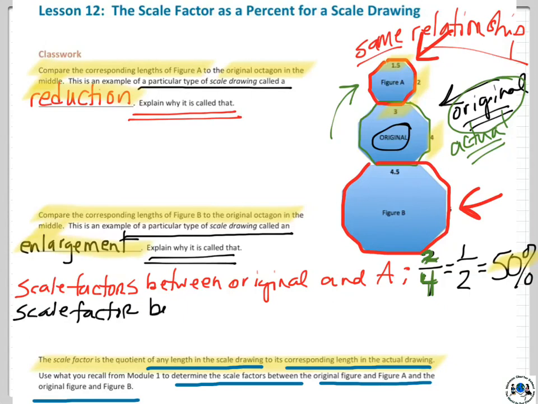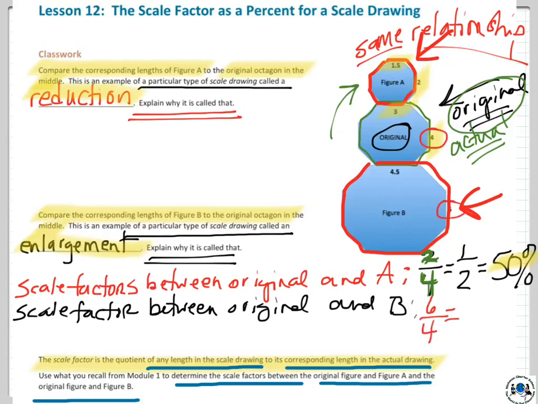Now I'm going to look at the scale factor between the original and B. As you can see, that turns out to be 6/4. Again, I've taken the side measurement. The measurement that was 4 in the original is now 6 in this scale drawing, figure B. That's going to be 6/4, which makes sense because this is an enlargement. We've gone up in size.